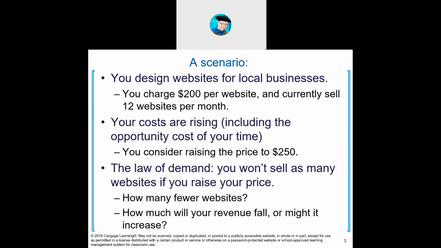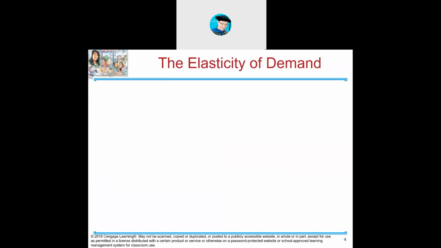That's not always the case, but most of the time when the price goes up, fewer people want it. It's the law of demand. So if that happens, how much would your revenue fall by, or might it go up? Well, of course, it depends on how many customers you get.